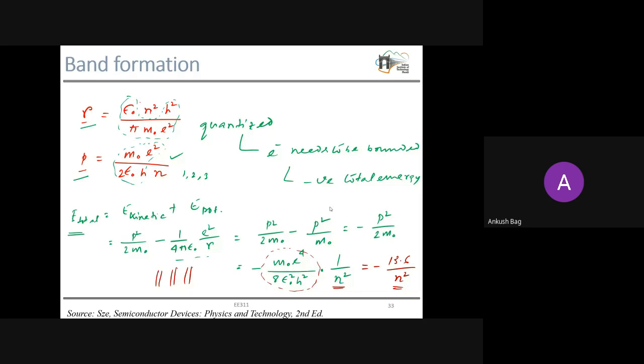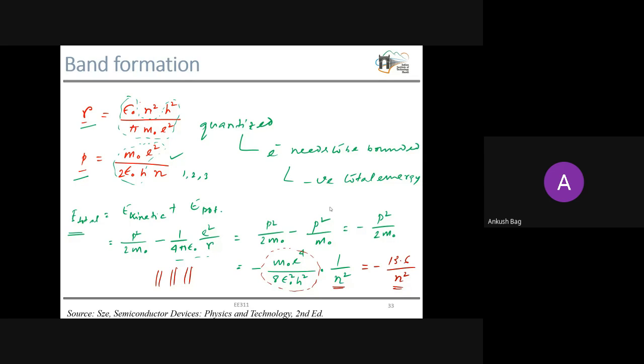So it cannot take any radius, any momentum value, or any energy value when a particular electron is attached to a particular nucleus or part of an atom. When an electron is not a free electron, we have this quantization.